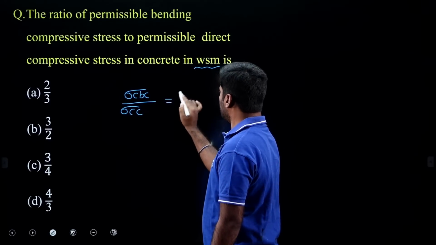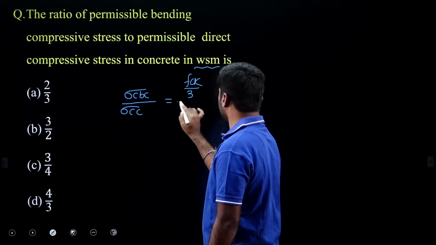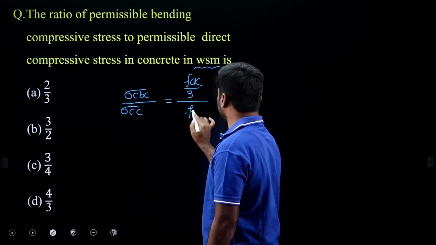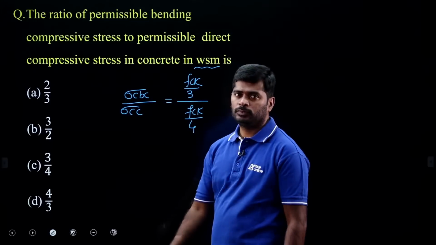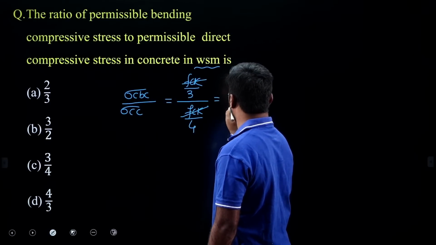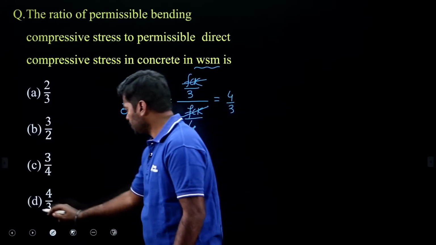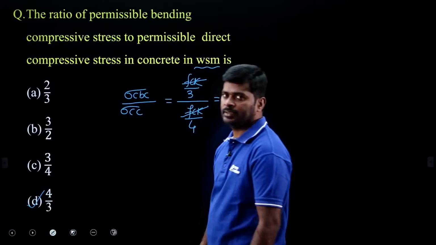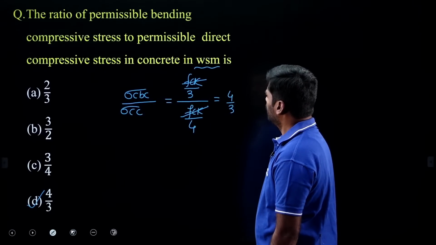How do you get sigma CBC? By taking factor of safety 3. How do you get direct compression? By taking factor of safety 4. Here FCK cancel, then you will get 4 by 3. So, option D is correct. Okay? Right. Next question.